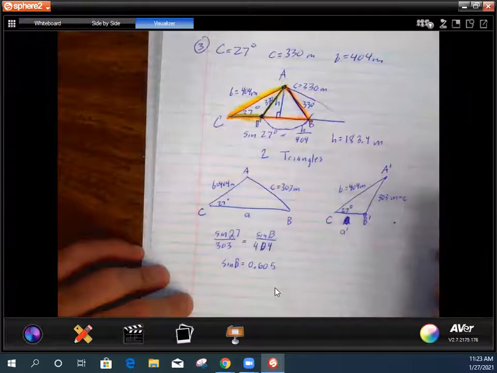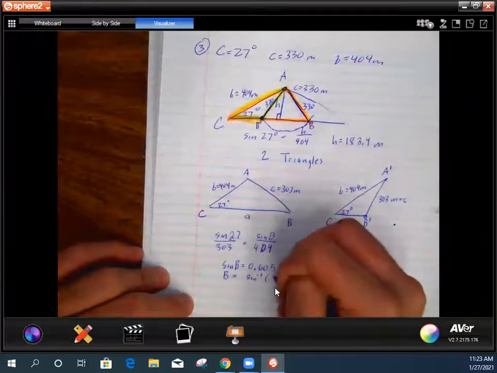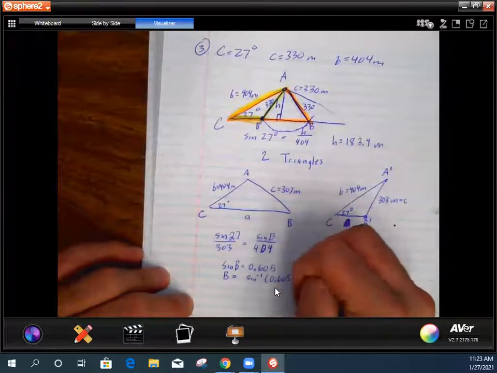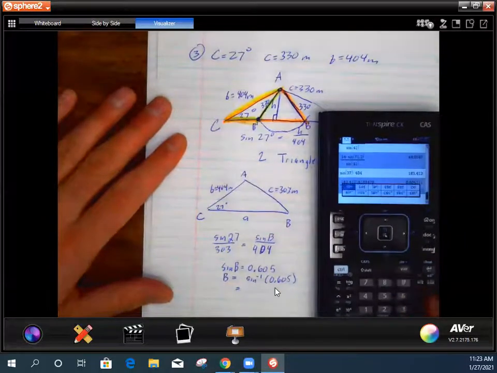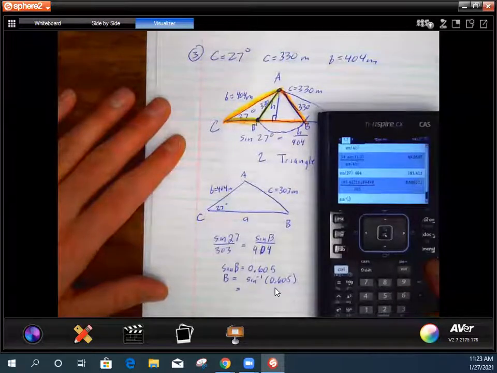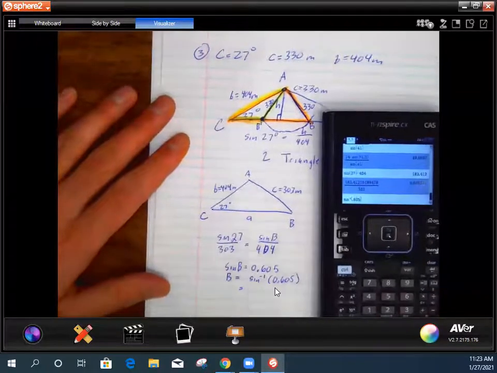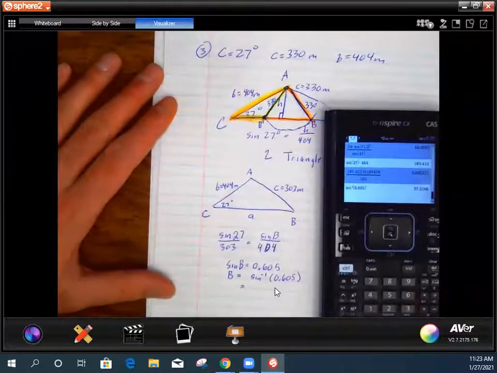0.605. Which means B is equal to the sine inverse of 0.605, and it should not be a surprise that when I type that into the calculator, I get an acute angle, because sine inverse can only give angles in quadrants 1 and 4. And it's not going to be in quadrant 4 because 0.605 is positive.